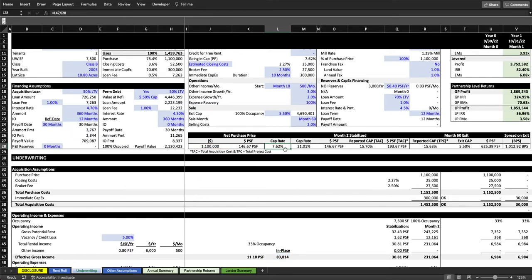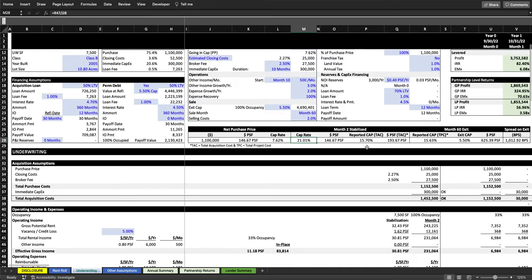That's going to give you the going-in cap rate, and then month 2 stabilization, right? These are just phony numbers that I plugged in in terms of the rents and the square footage. But based on the time you're stabilized, it takes the NOI at stabilization, annualized, obviously, and divides by the net purchase price, which is that 1.1 figure, and that's going to show you what the stabilized cap rate is.